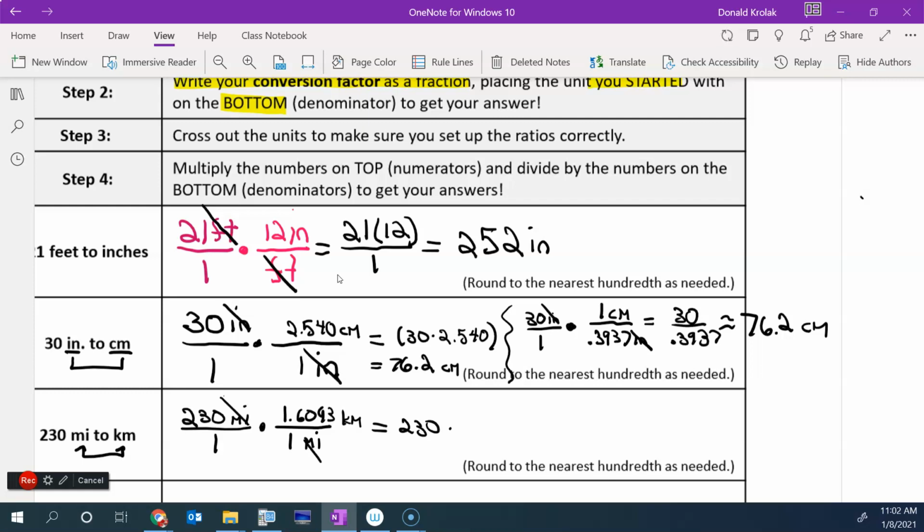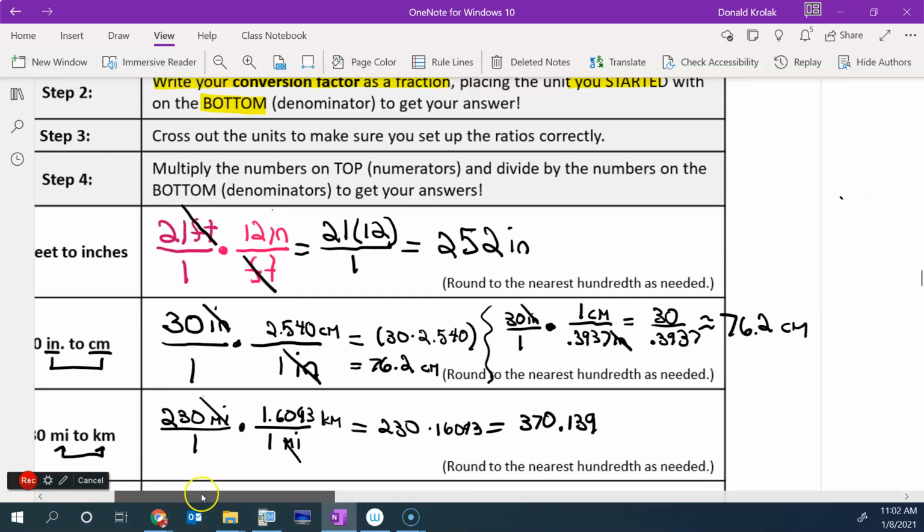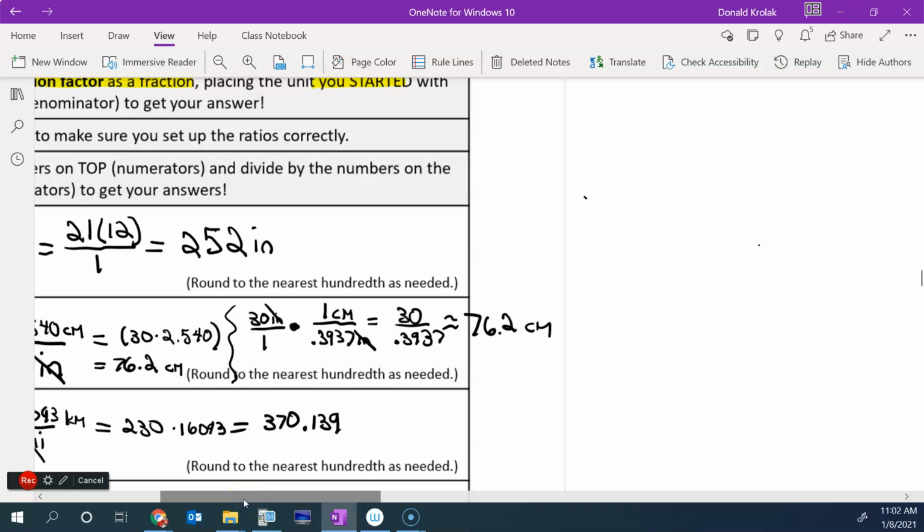Multiply the numbers on the top, divide them by the numbers on the bottom, which are just 1, so there's nothing. So this is going to be 370.139.